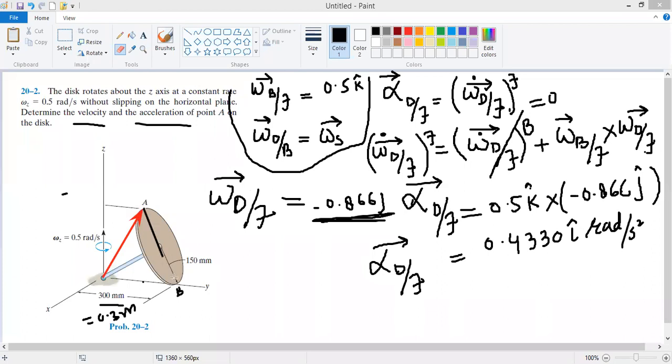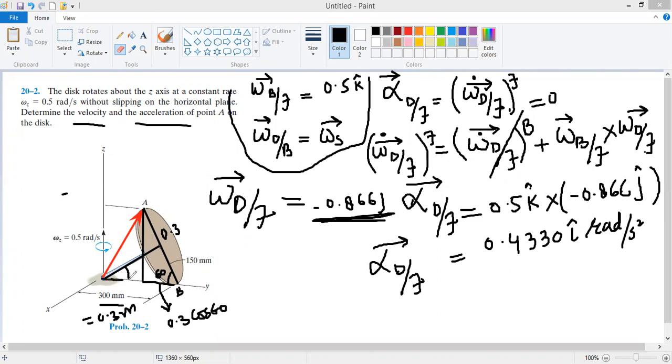From A to B, this is the diameter, which will be 300 mm. From here to here, draw a line like this. Therefore we can simply write, this total distance is 0.3 meter. This angle is 60 degrees, because this angle is 30 and this angle is 90. This distance from here to here will be 0.3 cos of 60.